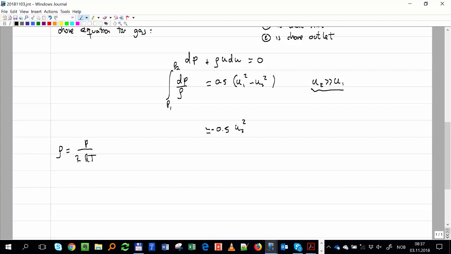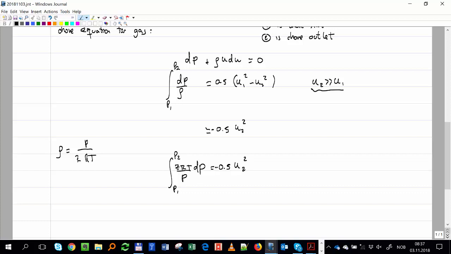And we substitute in our equation, we have the integral.